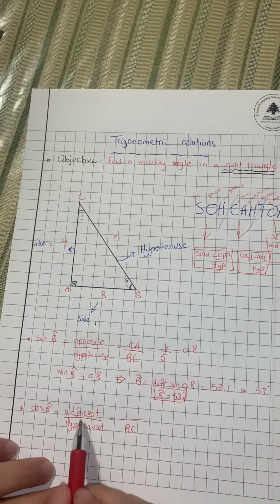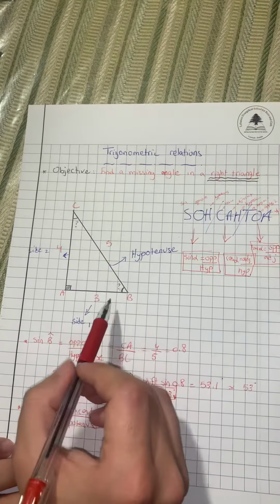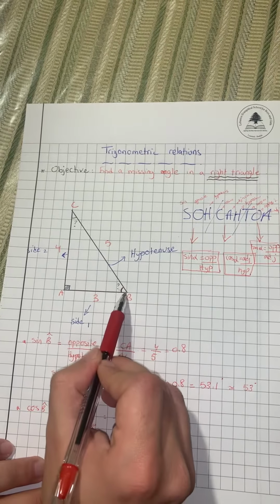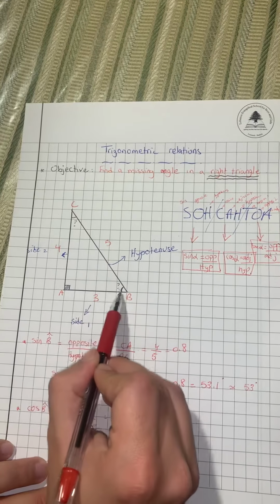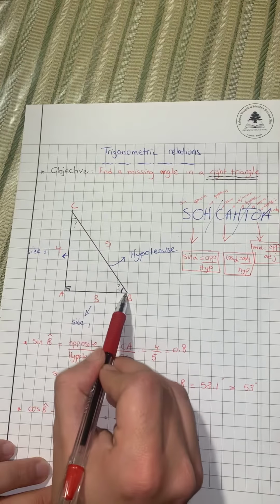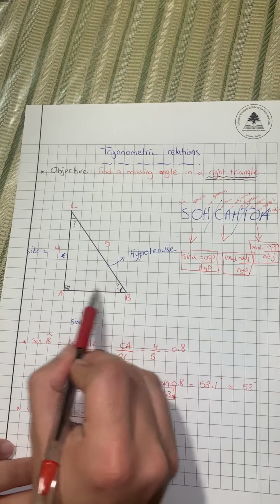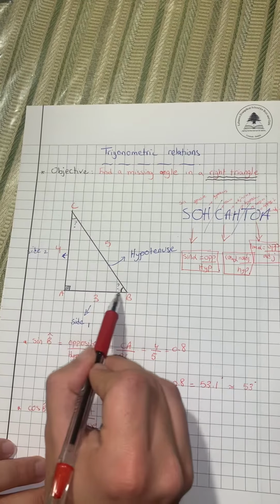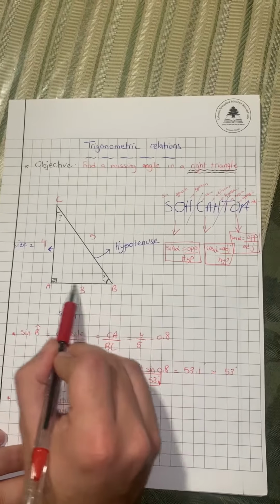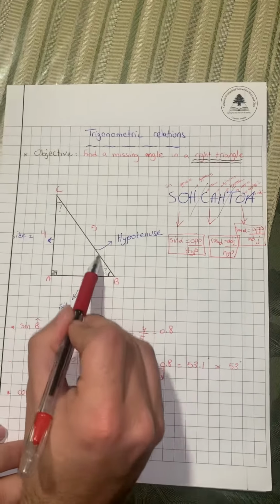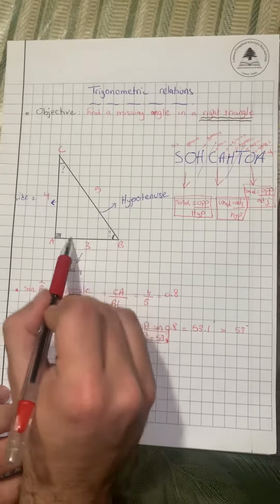Now we ask ourselves, what is the side that is attached to angle B? We have two sides. Adjacent is the one attached to B and to the side that forms the right angle, which is AB. So this is the hypotenuse, and this is the adjacent.